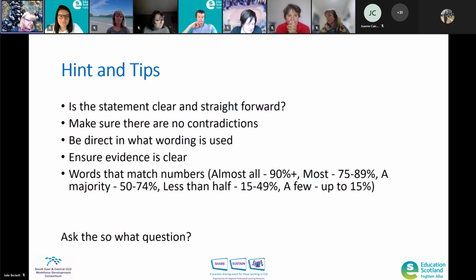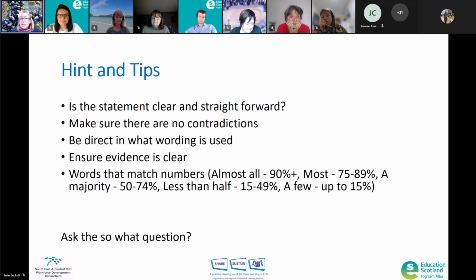What is the context? Having a statement that highlights what's going on and why is useful. And here's reference to the numbers or the words that you can use. We've already touched on this. So words that match numbers. If we refer to almost all, then you're meaning 90% and over.